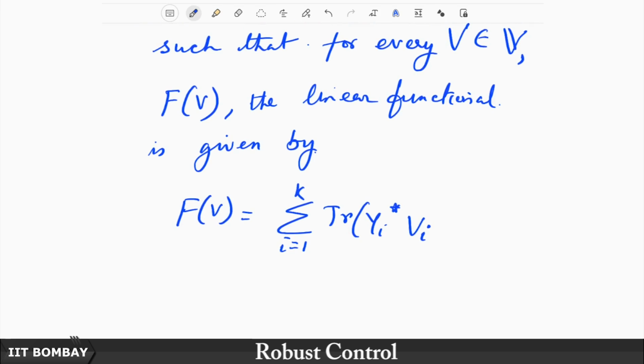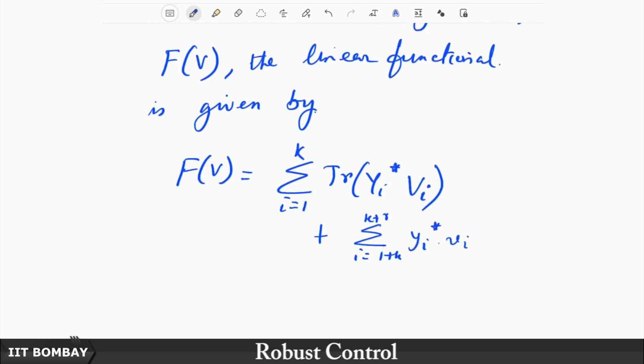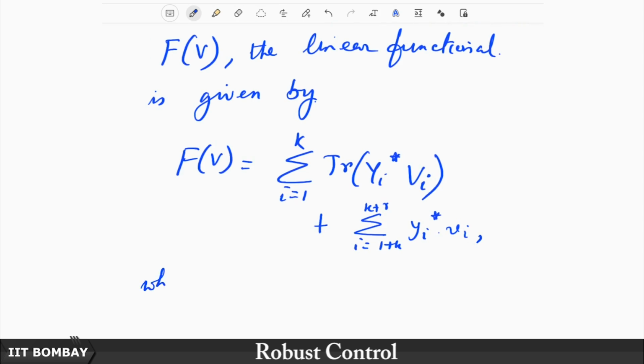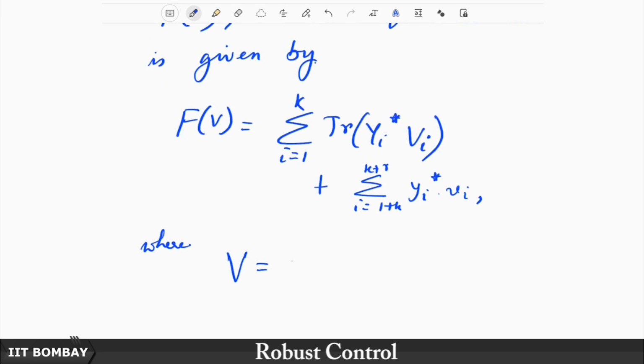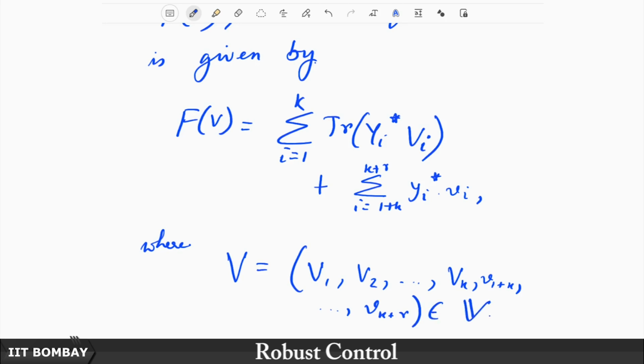vi. So, I have not really defined what this v looks like, right. Okay, I will do that later, plus summation i is equal to 1 plus k through k plus r yi Hermitian times vi, where again this v is equal to this big V1, V2 dot dot dot till Vk comma small v 1 plus k dot dot dot till small v k plus r, yeah, and this belongs to the vector space V. So, this is what V looks like, okay.